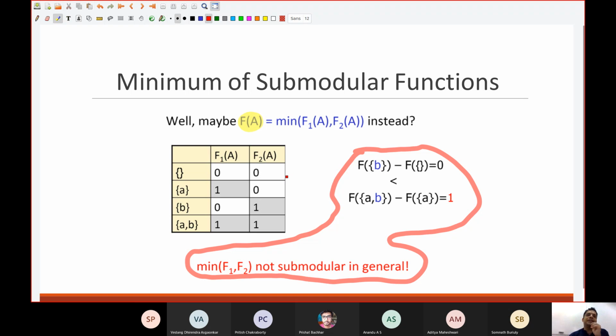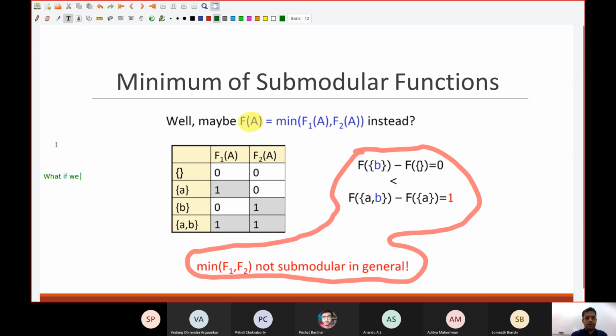But there's something interesting here. If I ask you a question, is there any inequality between f1 and f2 in general? Is f1(A) always less than or equal to f2(A), or is f2(A) always less than or equal to f1(A)? Let me ask a leading question.